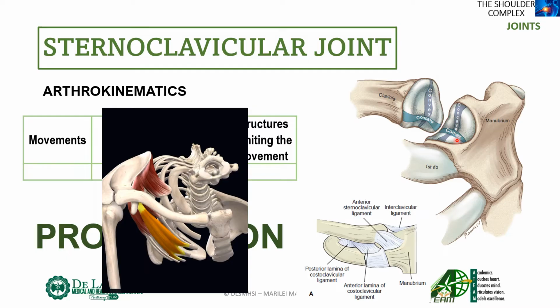As for the structures limiting protraction in the sternoclavicular joint, again we have the posterior sternoclavicular ligament, which we already discussed a while ago.